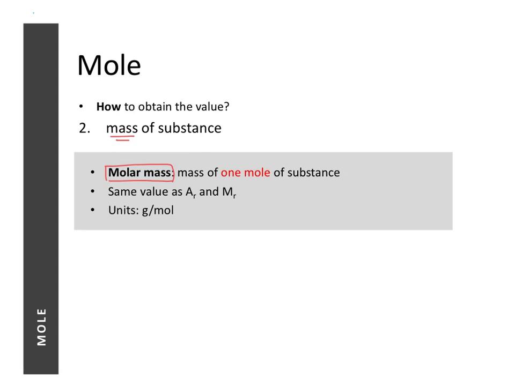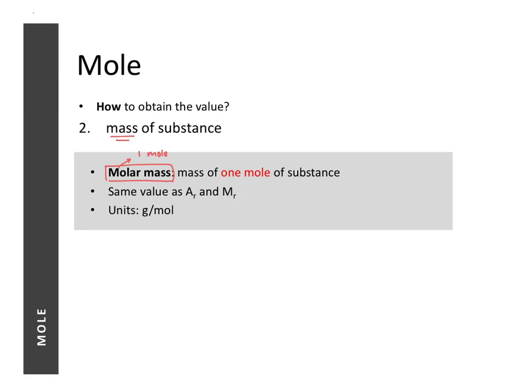Alright, again, what the term means can be inferred from the name. Molar usually means for 1 mole of the substance. So molar mass means the mass of 1 mole of the substance. Alright, how do we get the value? The value of molar mass is actually the same.